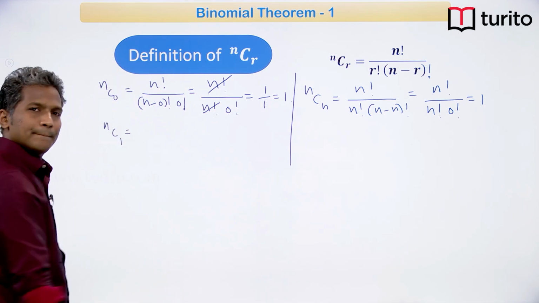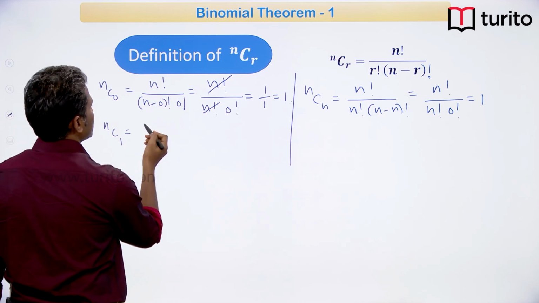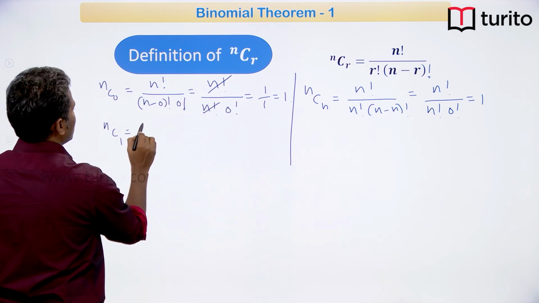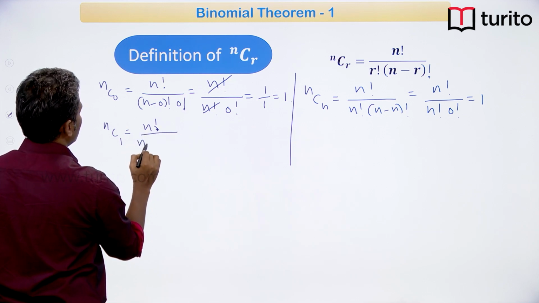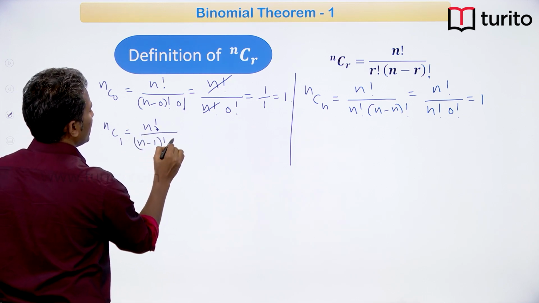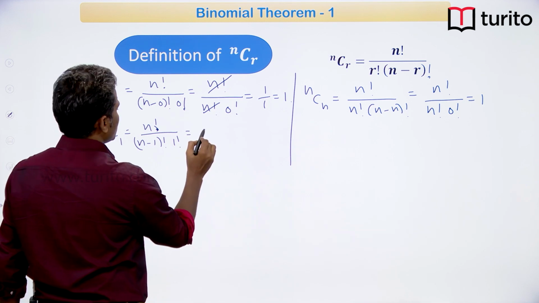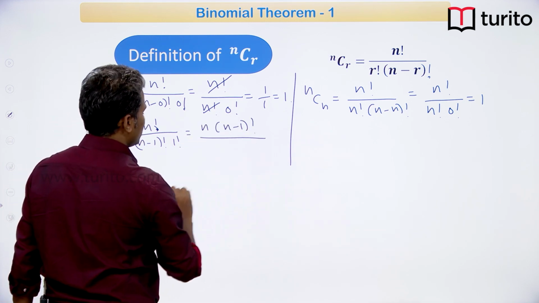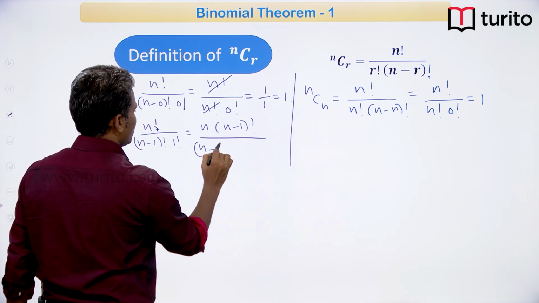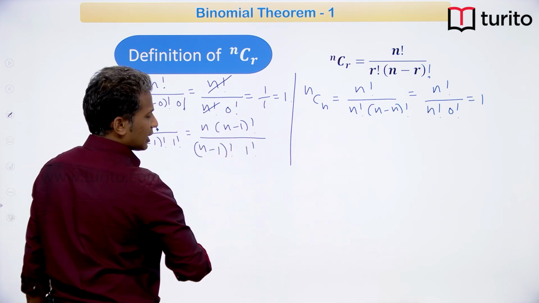Suppose let us say I go for nC1. So it is going to give us, if you go by the formula, n factorial divided by n minus 1 factorial into 1 factorial. So here it can be written as n into n minus 1 factorial divided by n minus 1 factorial into 1 factorial.